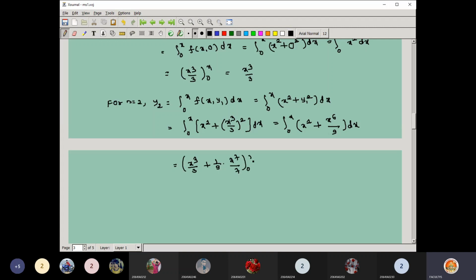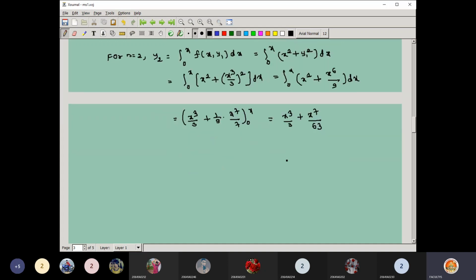The limits are 0 to x. So the upper limit gives x cubed by 3 plus x to the power of 7 over 9 times 7, which is 63. So that is the second approximate solution for the given ordinary differential equation.